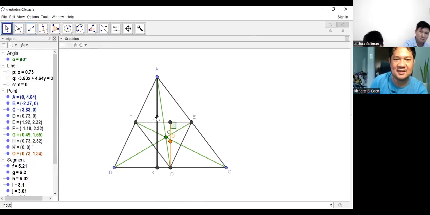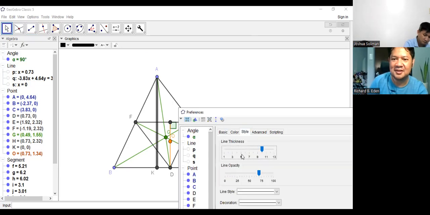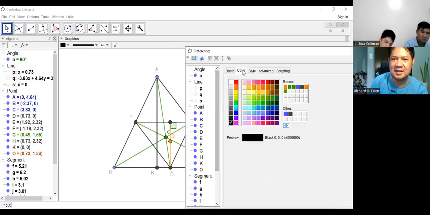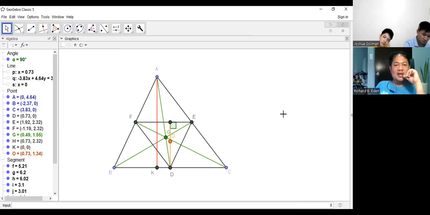Kapal. Siwa ako. Okay. Show label and then style 5. And then palitan natin ng kulay. Red naman. All right. So the orange segment and the red segment correspond to each other, okay, because they're corresponding altitudes, and they therefore follow the same ratio of similitude, 1:2.